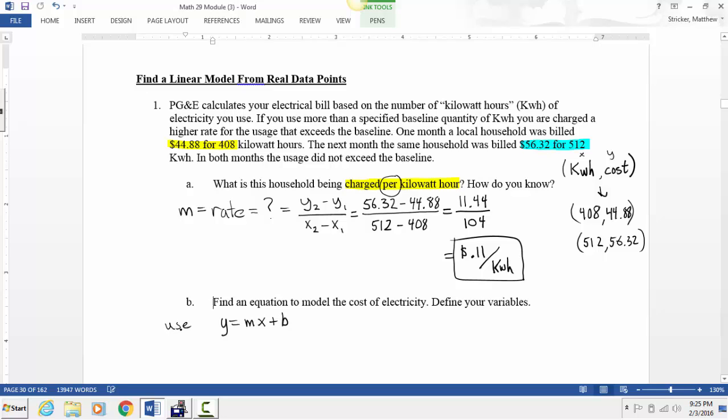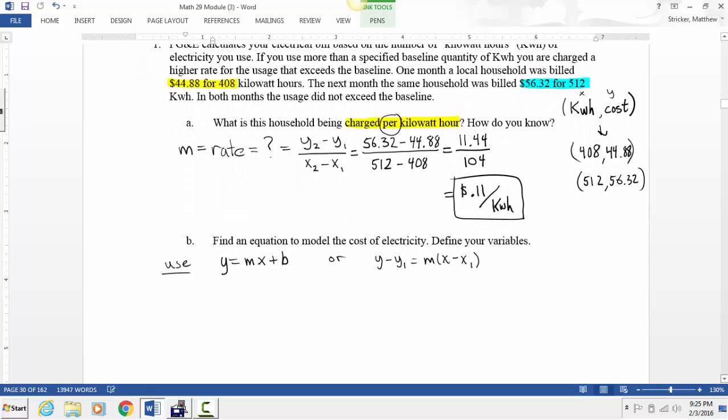Or the other form you can use, there were 2 different ones. You can also use point slope: y minus y1 equals m times x minus x1. I'm going to use the second one this time, but you can use either one.